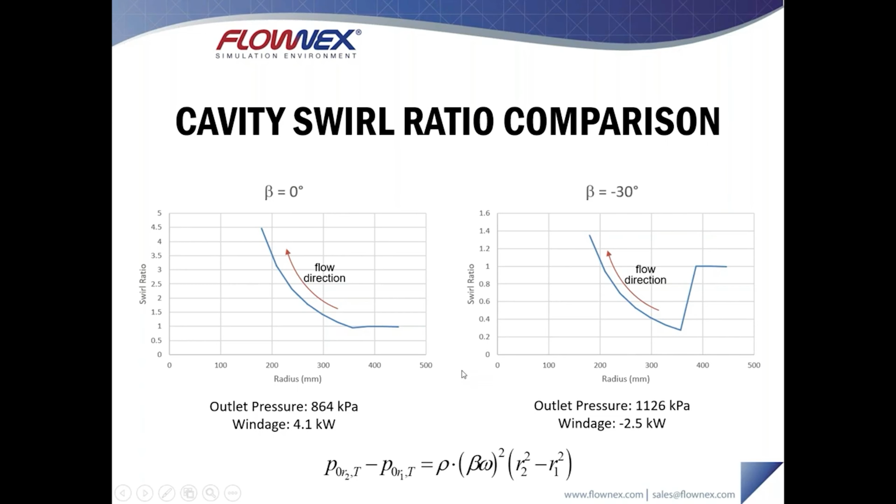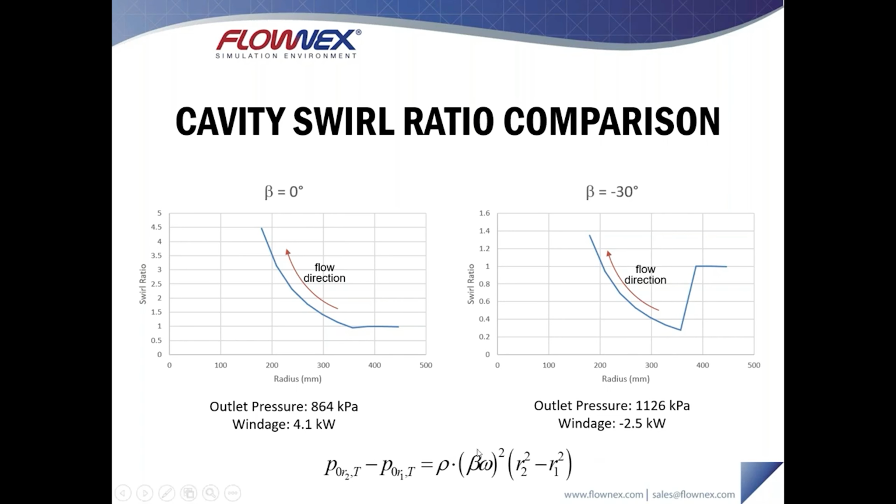The most important factor and the actual physics that results in a much lower pressure drop for the backswept angle compared to the hole with no backswept angle is essentially the way in which the pressure changes in a vortex. This equation at the bottom here, if you're familiar, is the change in total absolute pressure inside of a forced vortex.